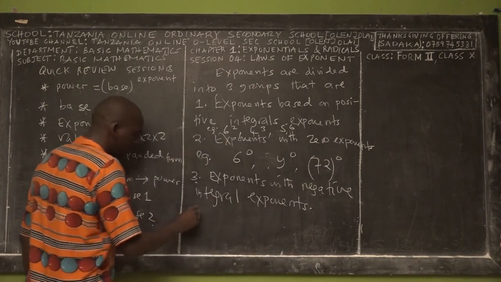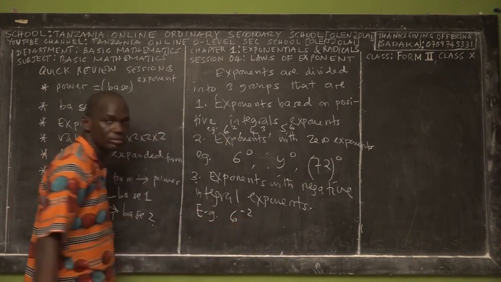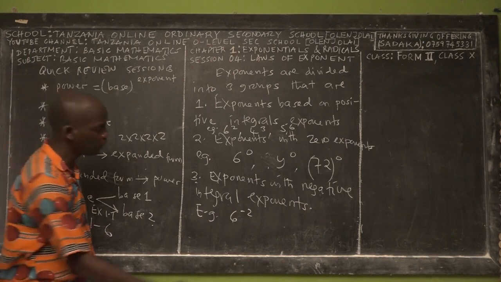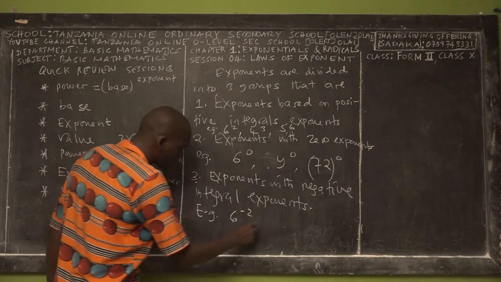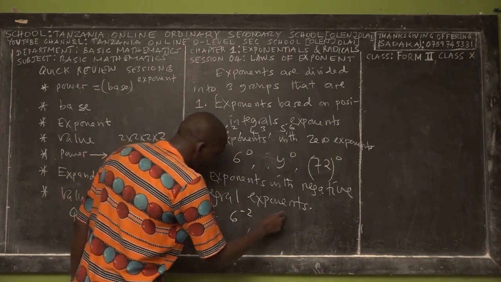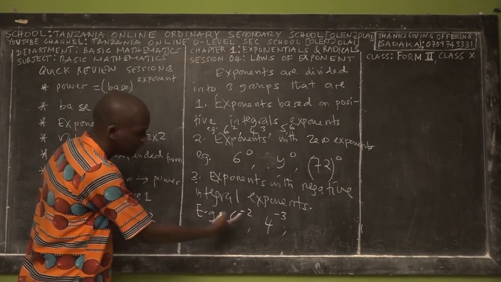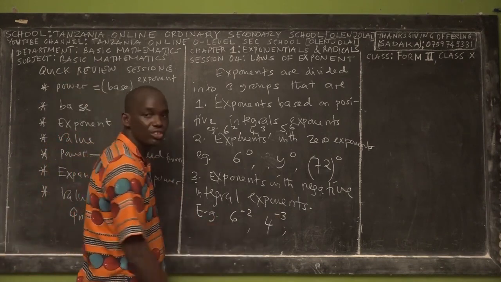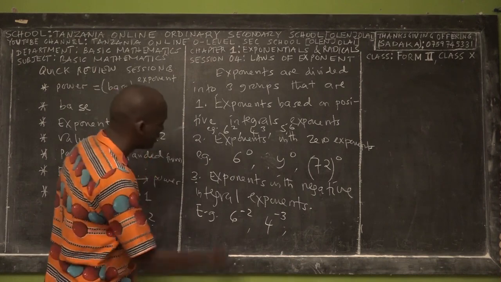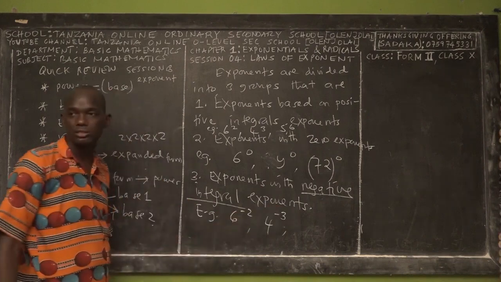For example, we have 6 power negative 2. You see the exponent here is negative, it's no longer positive. And then also you can have 4 power negative 3. Here the base is 4, and the exponent is negative 3.